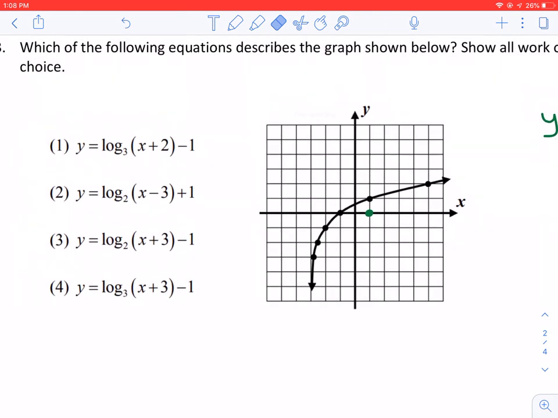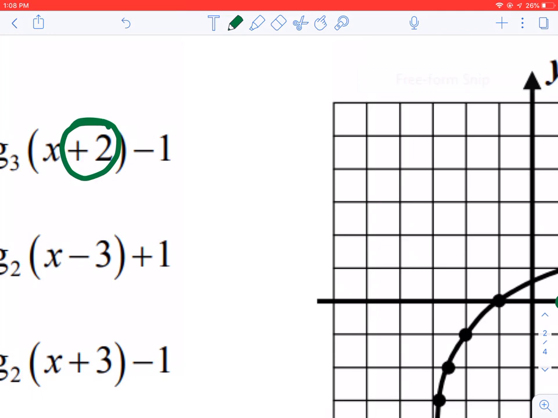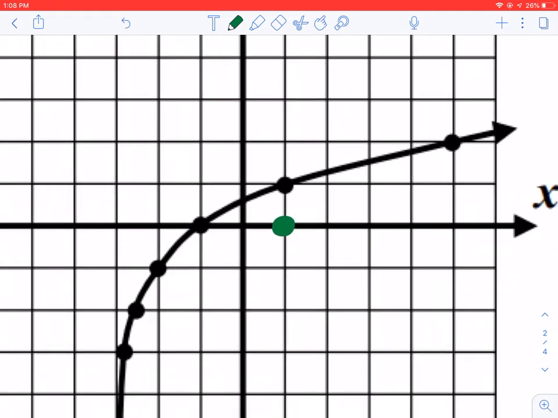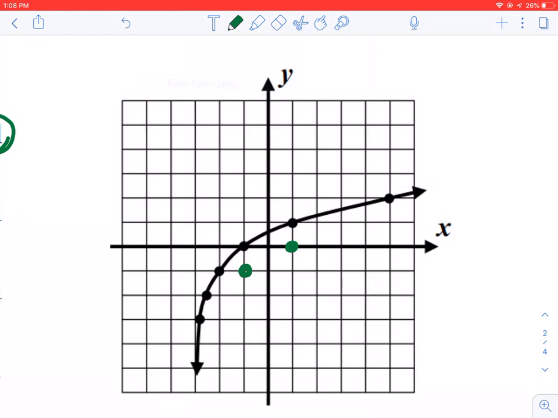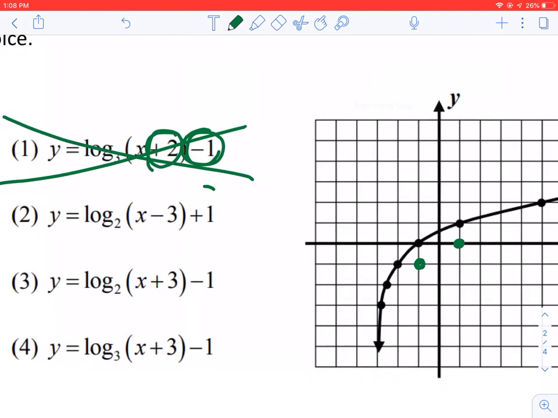So if I look at the multiple choice answers here, this will be shifting left 2, right, and down 1. So if I take this point and I move it left 2 and down 1, I'm going to end up over here. And that's not a point on my graph, so clearly it's not choice 1. Right, this is telling us to move 3 to the right and up 1.